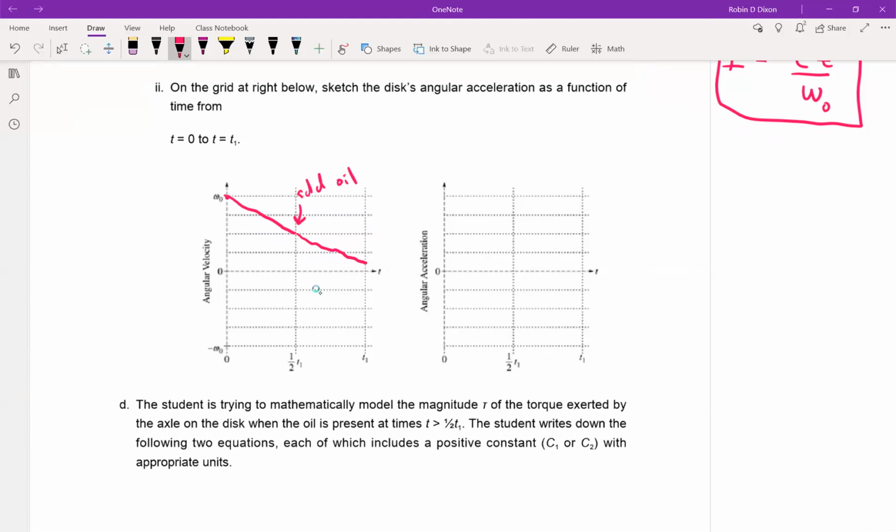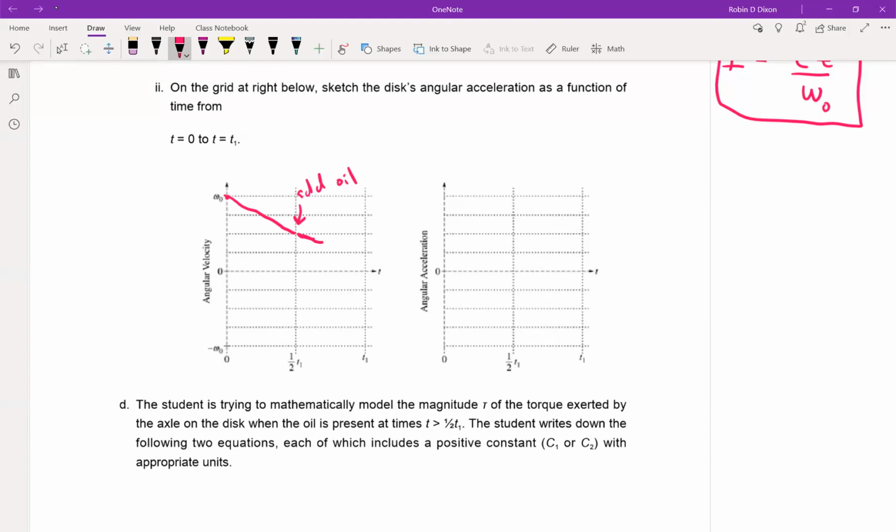I don't like that. Let me see if I can undo that. All right. It wasn't terrible. You would have gotten some points for that, but I can draw it a little bit better. So the slope at this point must be less. Already you can see that slope is less.